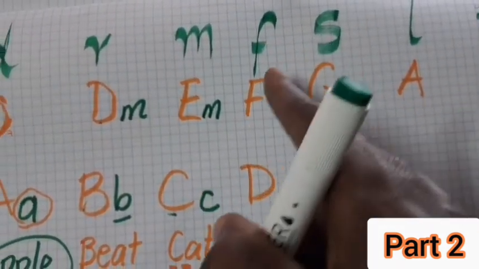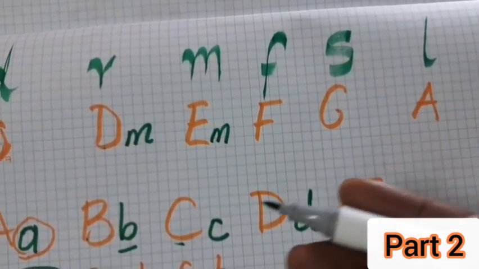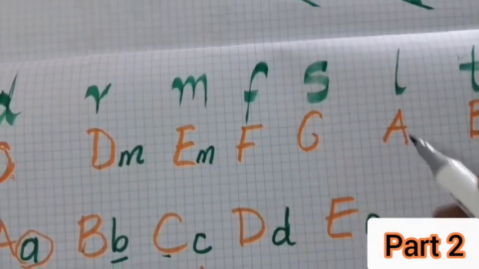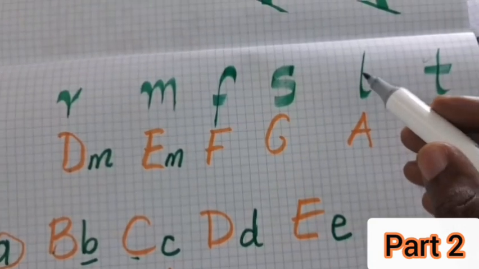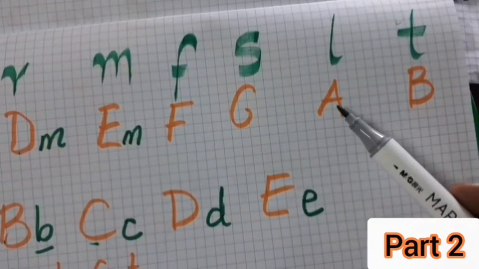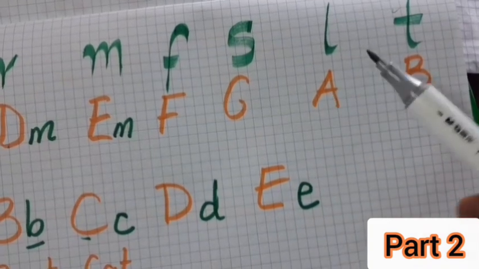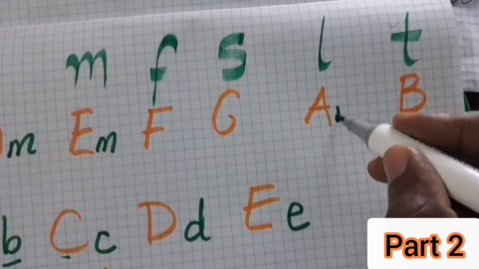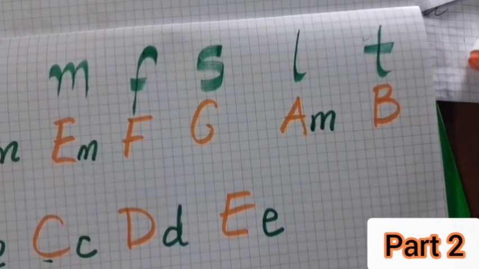F is the same sound. Sometimes they are the same sound. For this la to sound, we have to convert A to A minor.